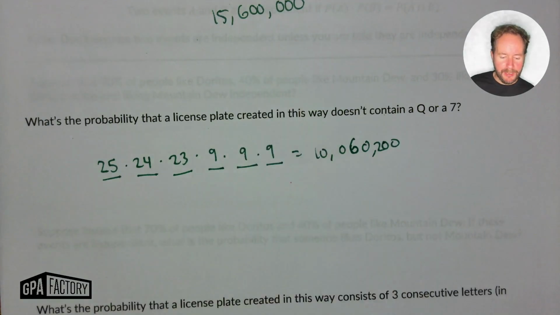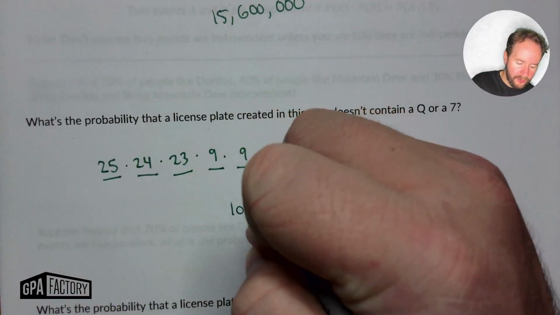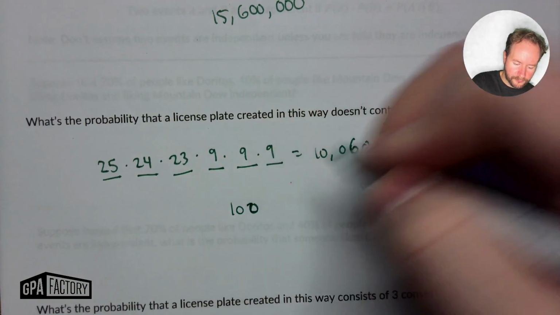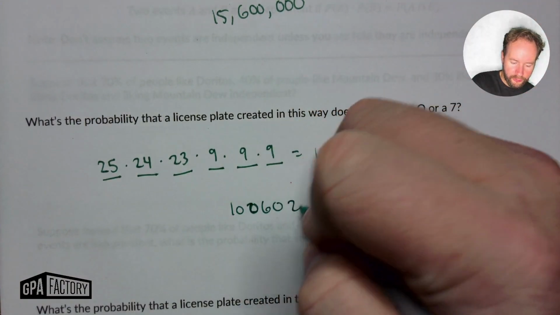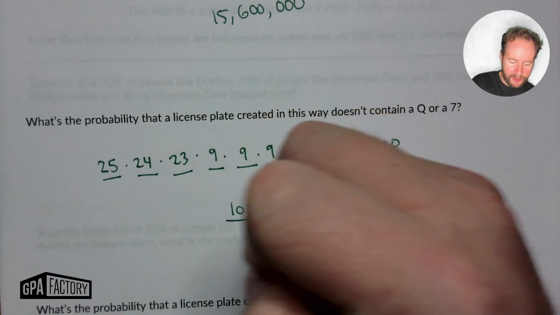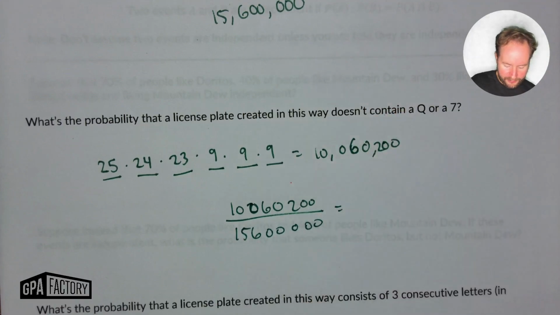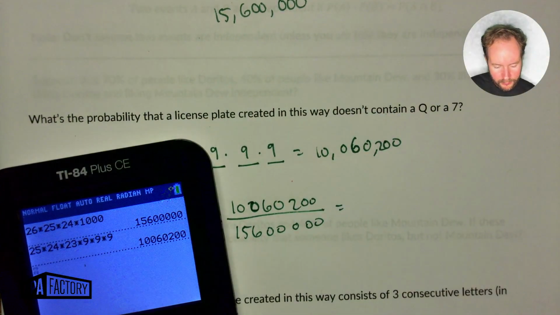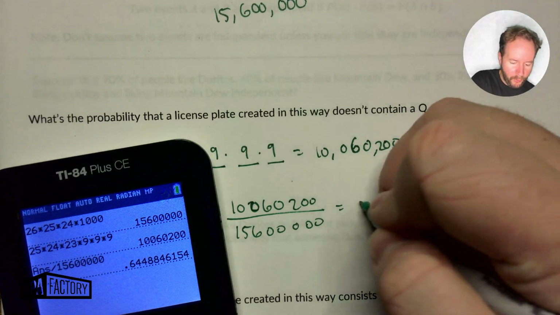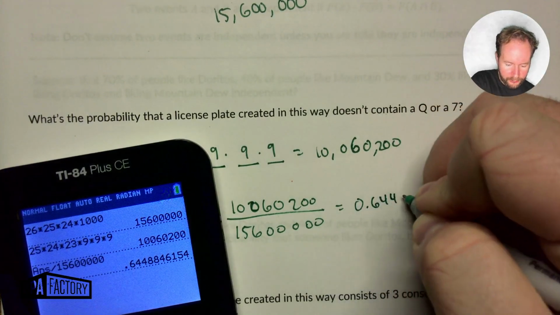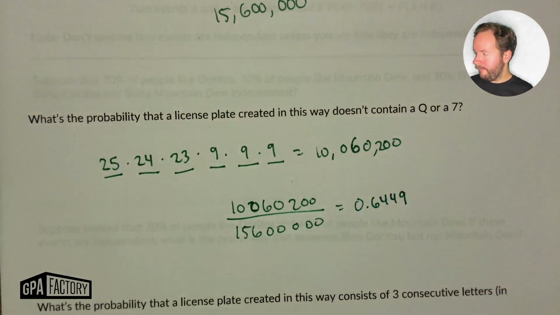But I need to divide that by the total number. So 10,160,200 divided by 156,000,000, and that comes out to be 0.6449. That would be what we have there.